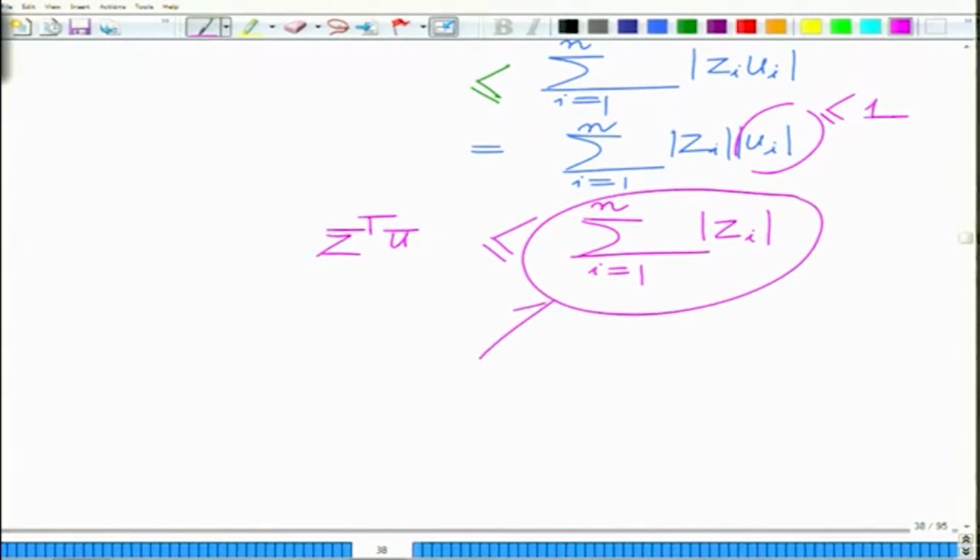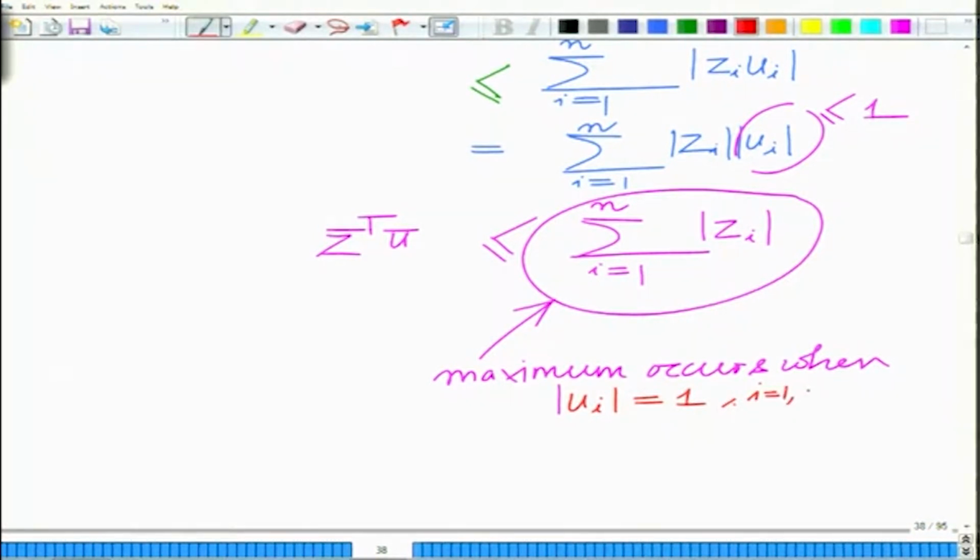Now, does the maximum occur? Yes, the maximum occurs, if you think about it, when magnitude ui equals 1 for each i, that is for all i magnitude ui equals 1, and the sign of ui equals the sign of zi.